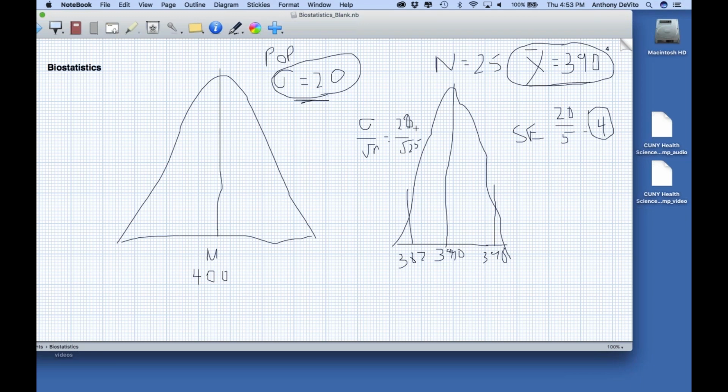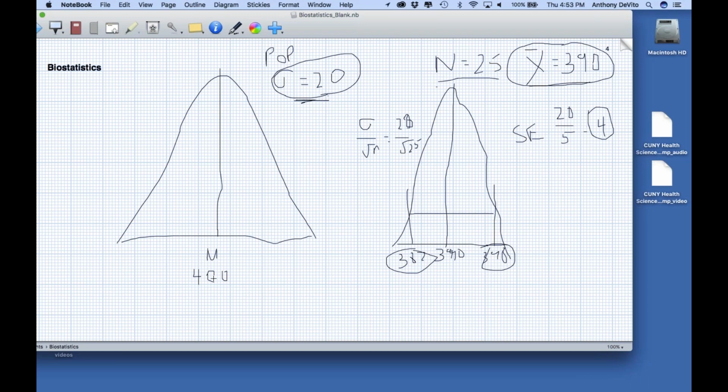I'm saying that we know the population standard deviation, which is just something we're going to do for this week's exercise. And the sample size is 25, so the square root is 5, so it's 20 over 5, or 4. So we would expect that 95% of the results for these samples, if we took them over and over again, to be between 382 and 398.